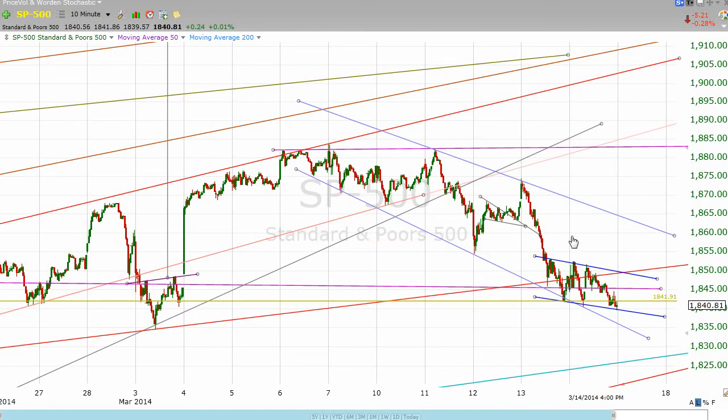We identified very few patterns during the week. We saw this little bull flag here, which sadly, though it was a bullish flag, happened in the midst of a larger bearish picture.